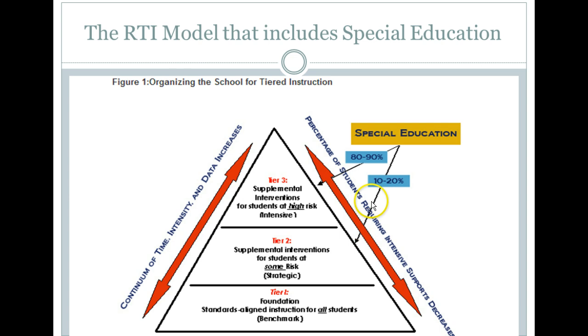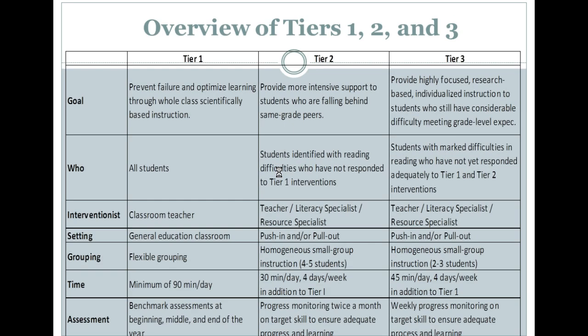Now, 10 to 20% of your special education is probably here, whereas 80 to 90% of the special education population is there. All right, like I was telling you, here is an overview of tiers 1, 2, and 3. So tier 1, the goal is to prevent failure and optimize learning throughout whole class scientifically based instruction. Tier 2, the goal is to provide more intensive support to students who are falling behind.